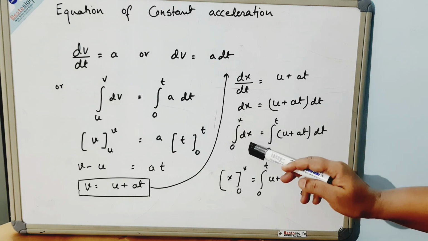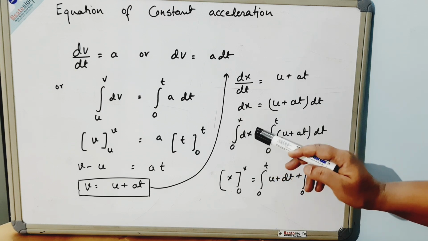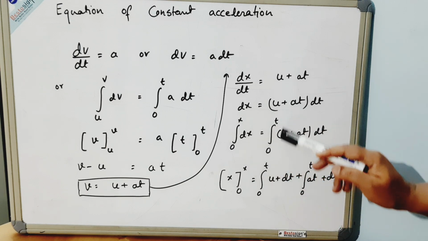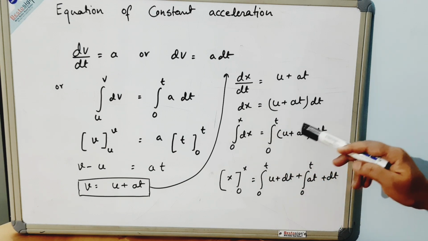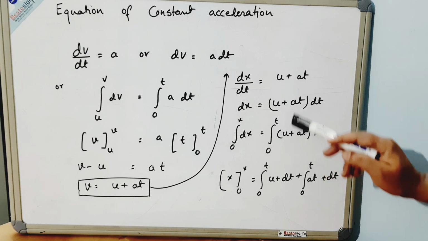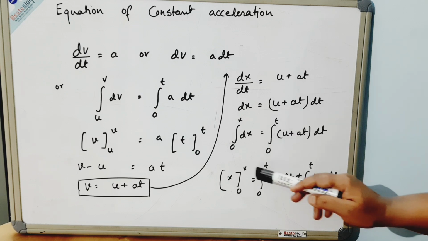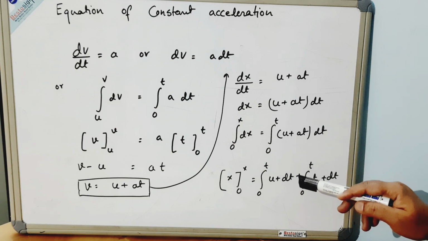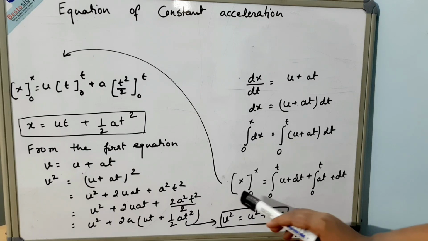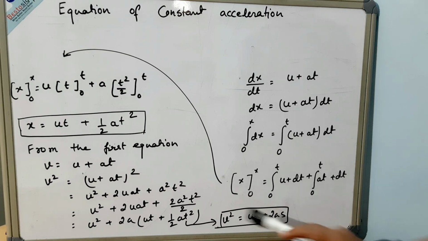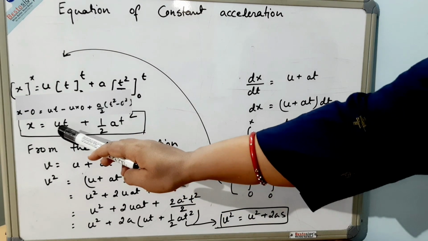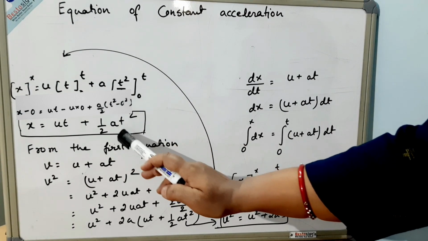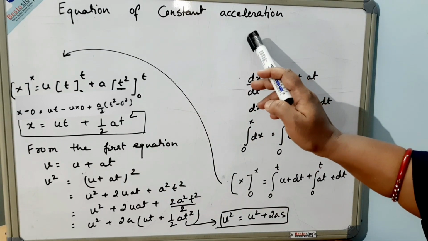So on the left hand side, the summation is made on position from 0 to x, and on the right hand side, the summation is made on time from 0 to t. Evaluating the integral of the above equation, we get it in this format. When we process this equation further, we get the equation x is equal to ut plus half at square. This is another equation for constant acceleration.